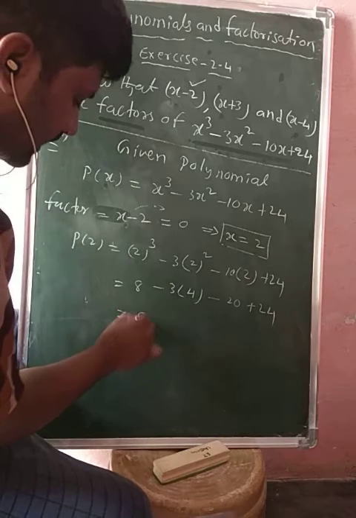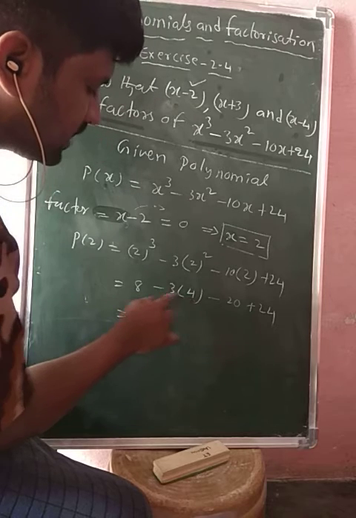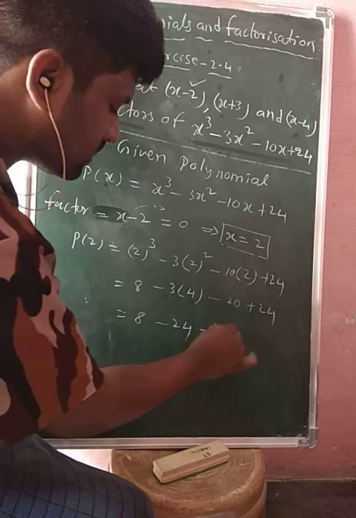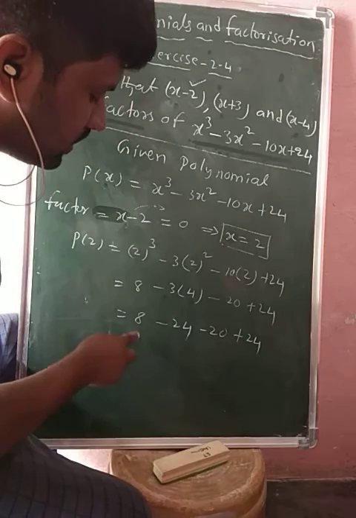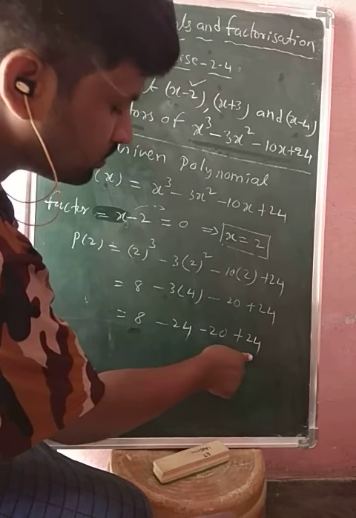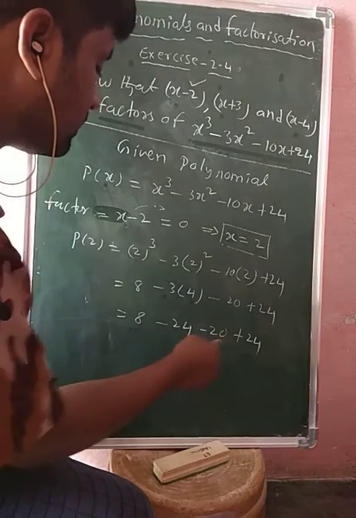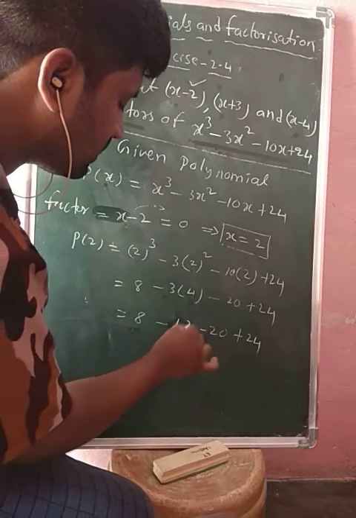8, I am writing 8 only. Minus 3 into 4, that is minus 12, minus 20, plus 24. Sorry, here 3 4s are 12, here 3 4s are 12.